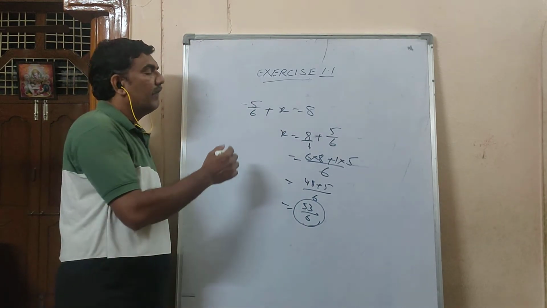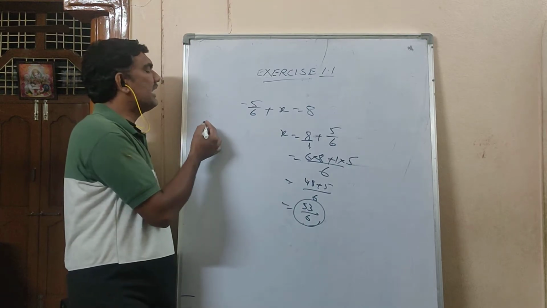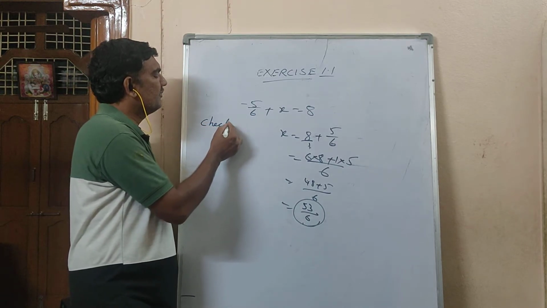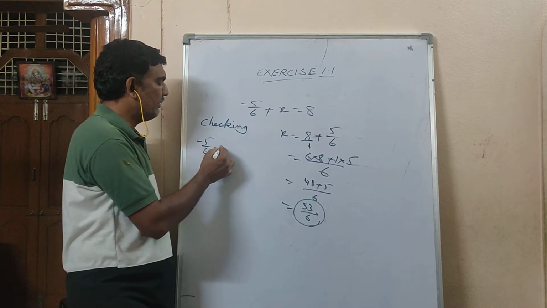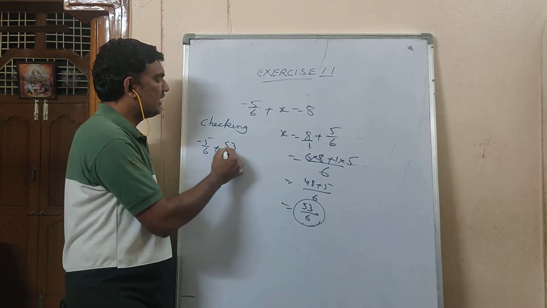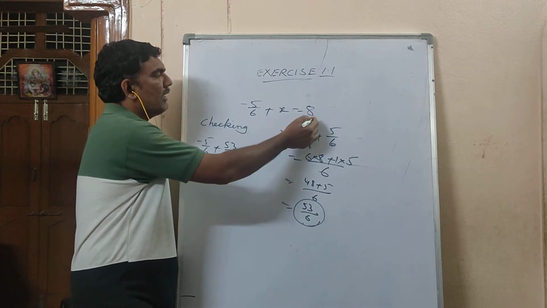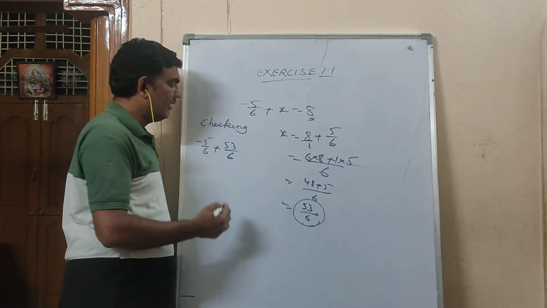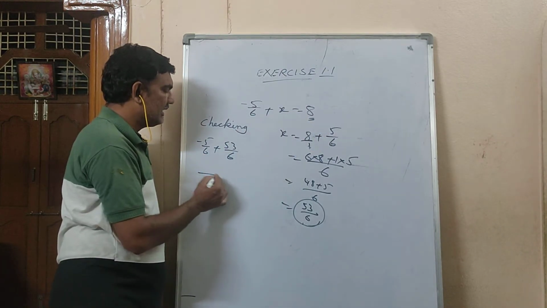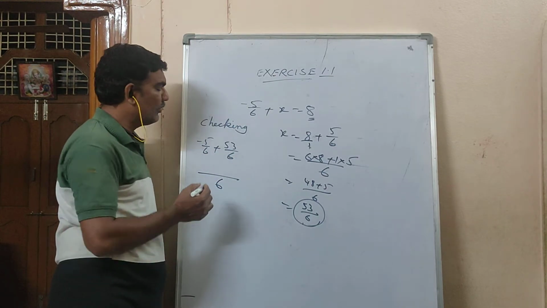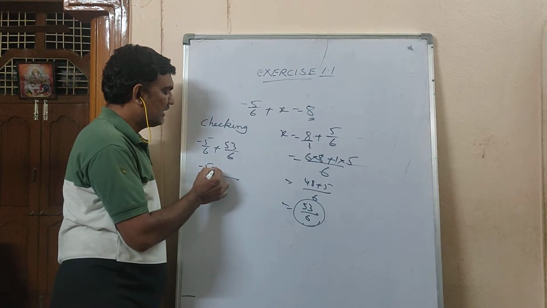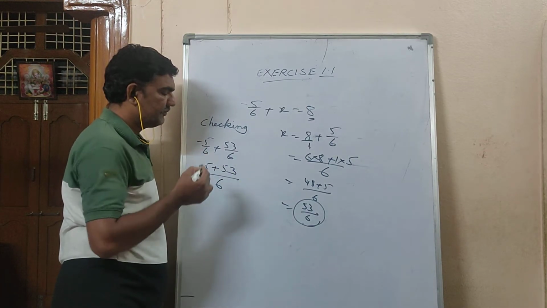8. Whether it is right or wrong, if you want to check it, you can do it. Minus 5 by 6 plus 53 by 6. What answer do you have to get? You have to get 8. Are you getting 8 or not? We will see. These are like fractions with the same denominator 6, so I write minus 5 plus 53.